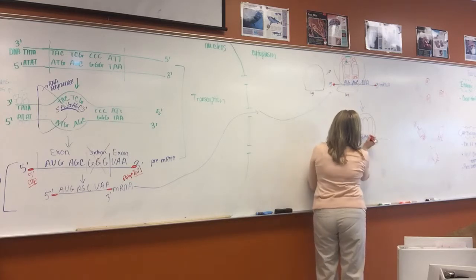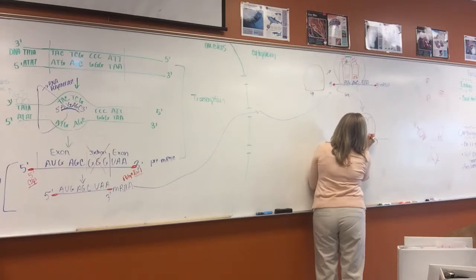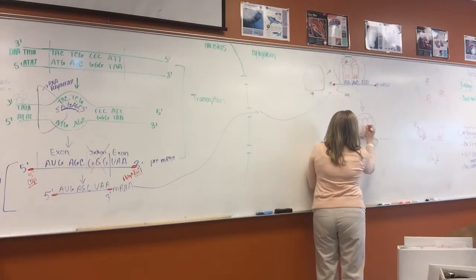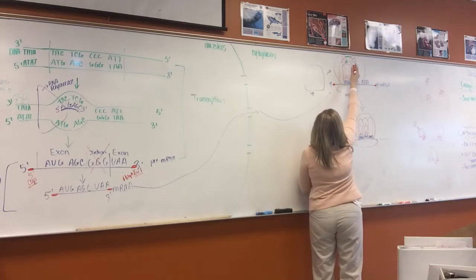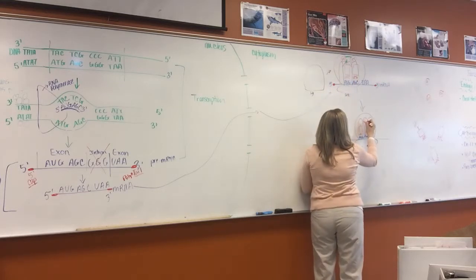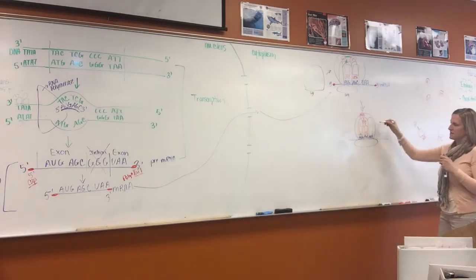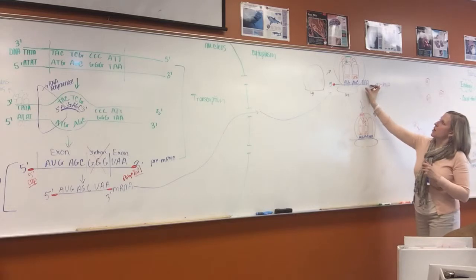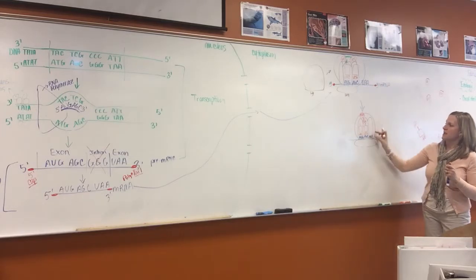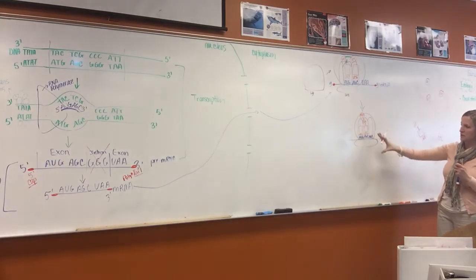So this UCG now has serine as well as methionine. So it has the two amino acids, and this codon is now in that third spot with nothing there yet. Okay, so that's what it looks like.